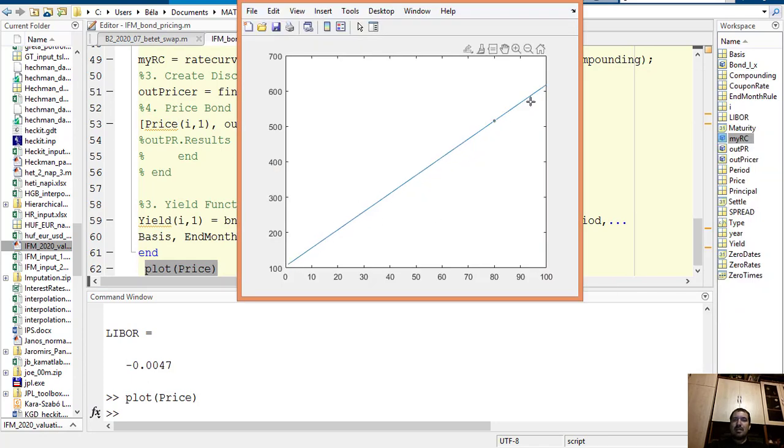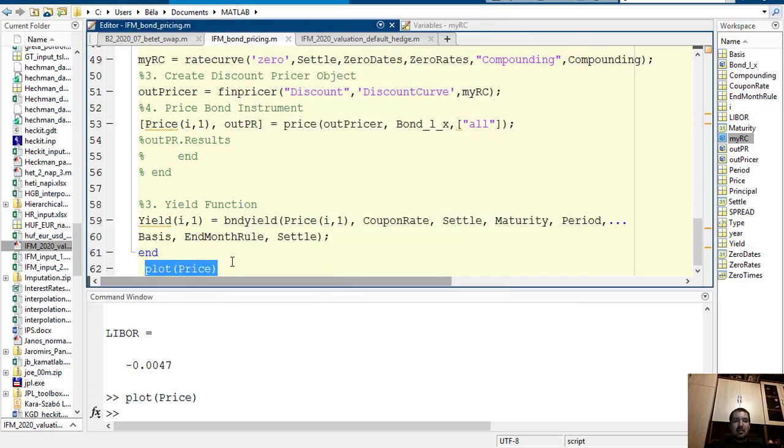Oh my, the price was increasing drastically. Okay, so the price was obviously affected by the spread, so it's not an artifact that we were able to find.